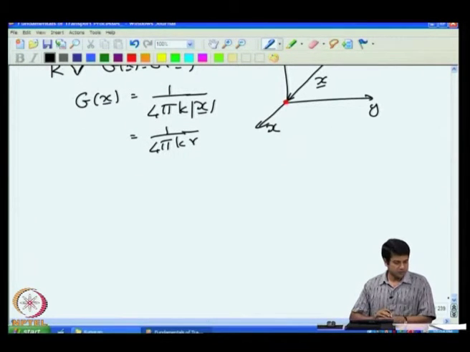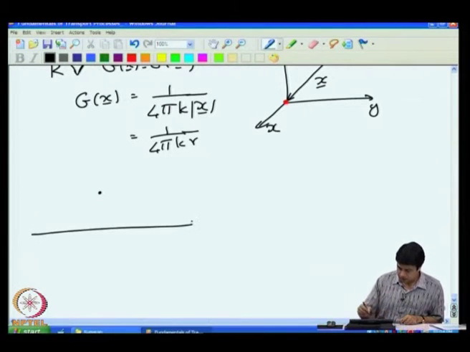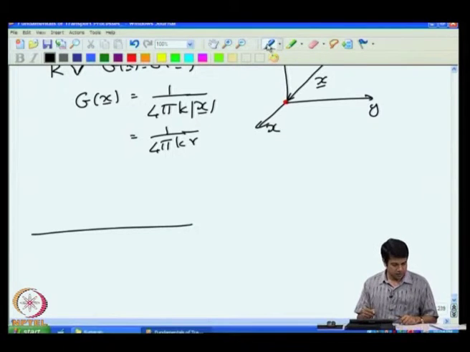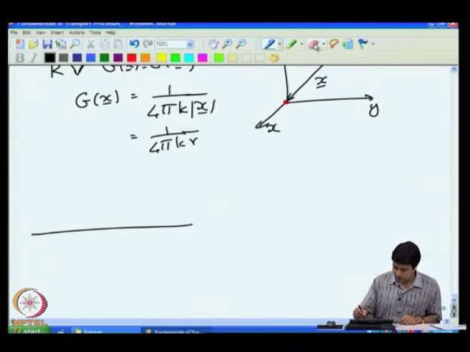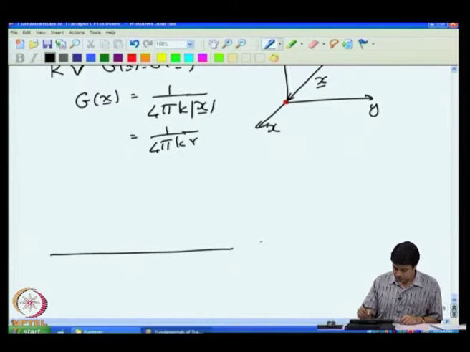Consider the following problem. I have a wall here. The wall is insulating. So, let us just take a horizontal plane wall.